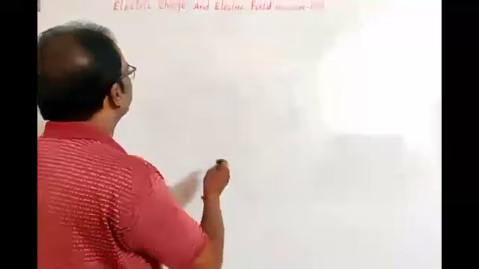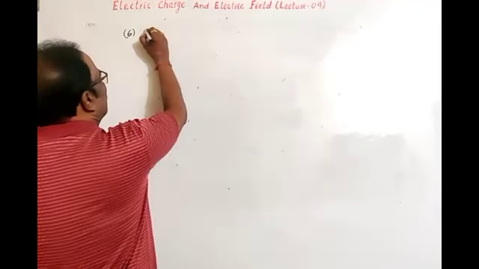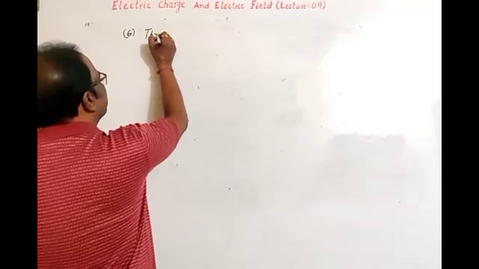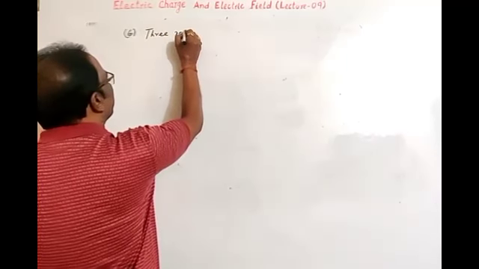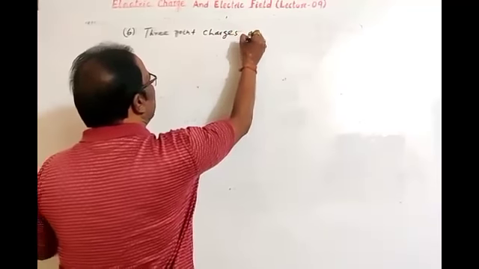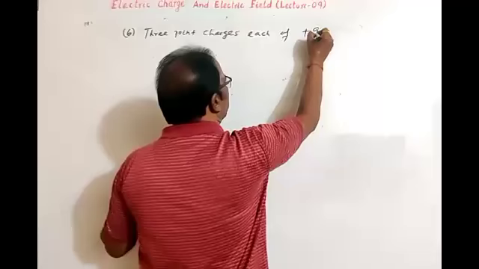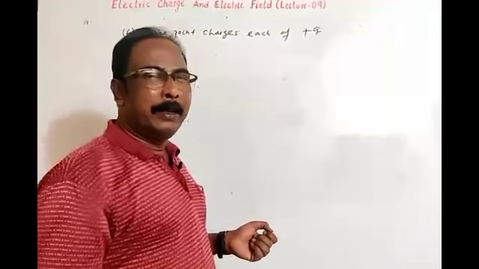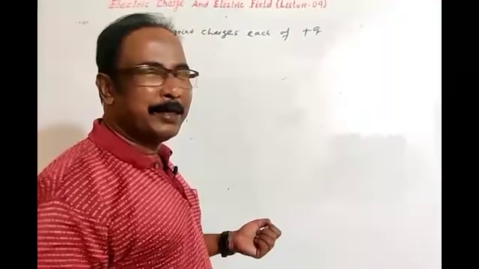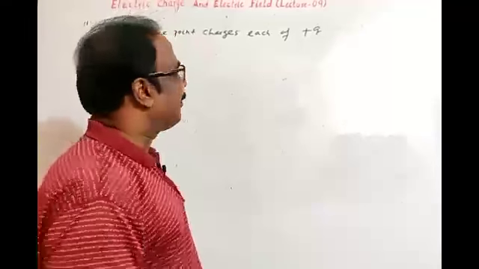The next question, question number 6. Three point charges, each of plus Q, or you may change the sign of any of the charges. Only the direction of forces or direction of electric field intensity will be different.